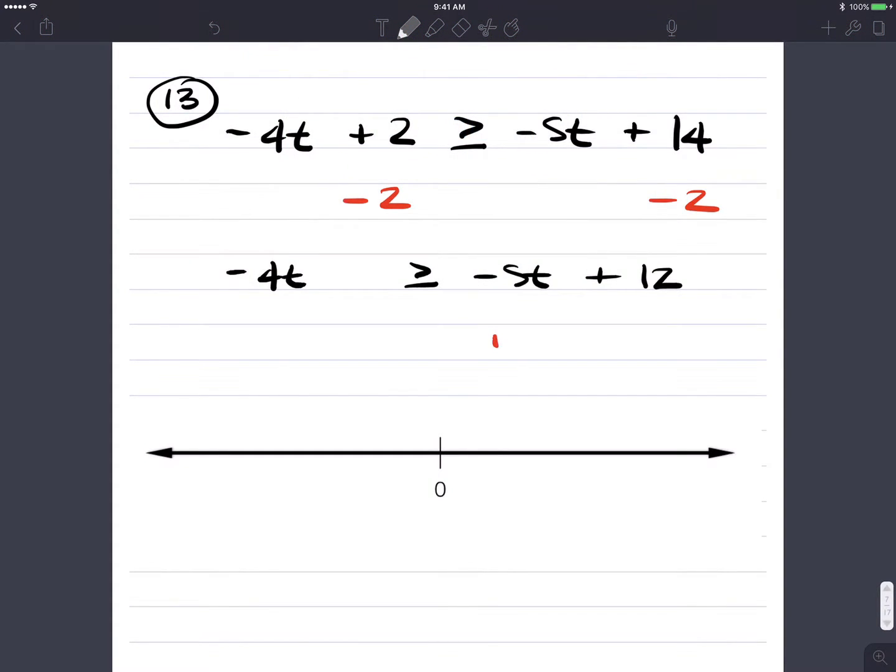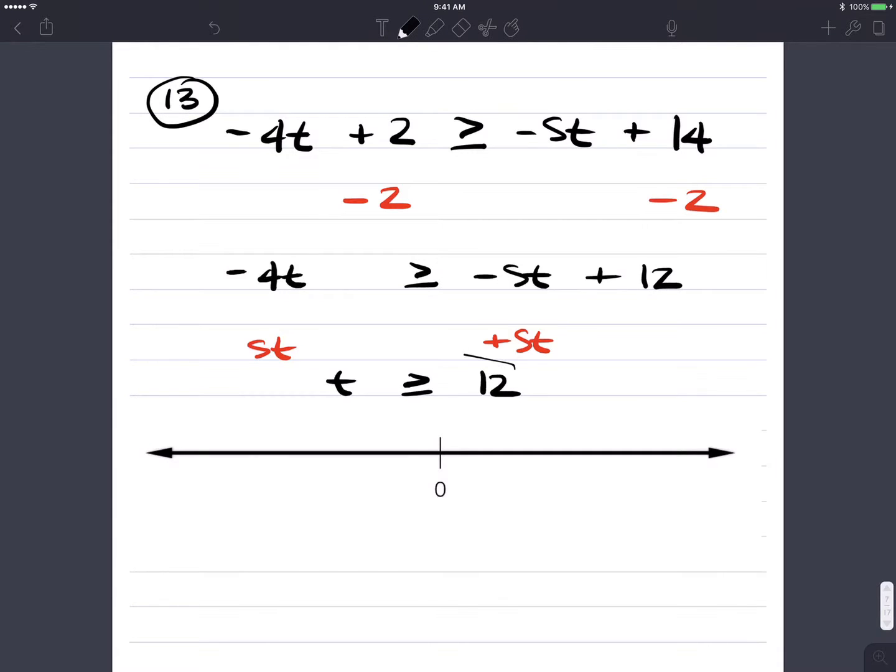We're now going to add 5t to both sides so that we end up with, on the left side, t being greater than or equal to, and our negative 5t and our positive 5t will cancel. We have t is greater than or equal to 12.